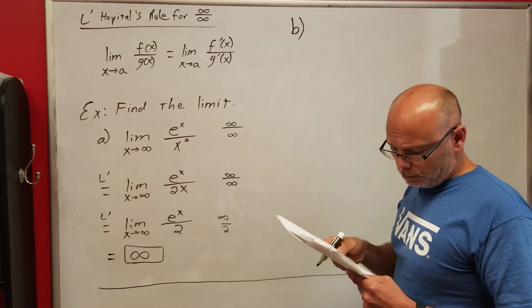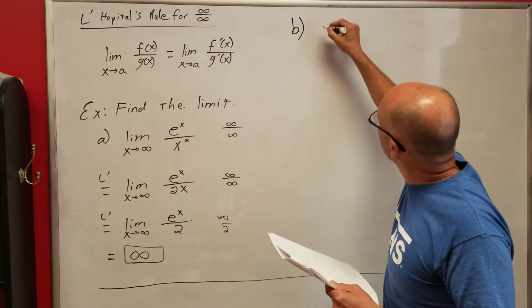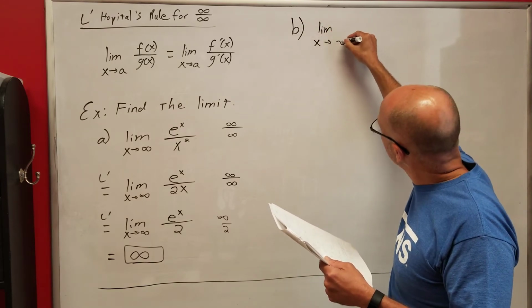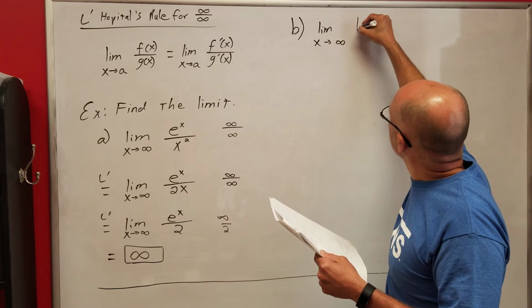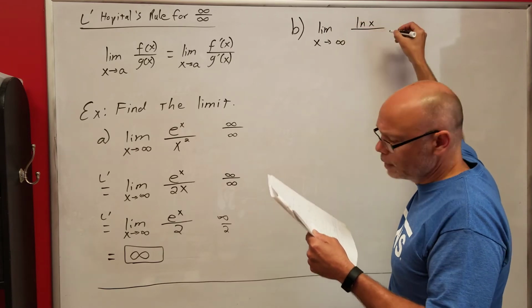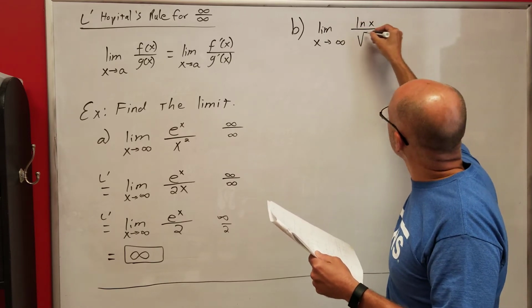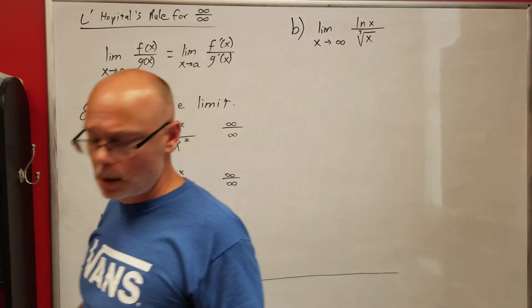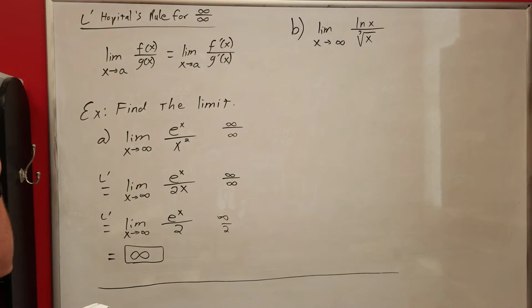Part B. Part B, we're going to have the limit as x approaches infinity of natural log of x over the cube root of x. All right, let's see. What do I need to do right here?